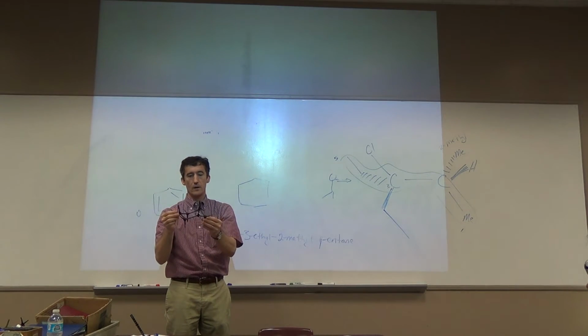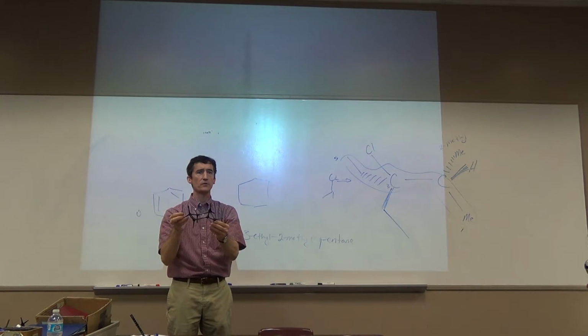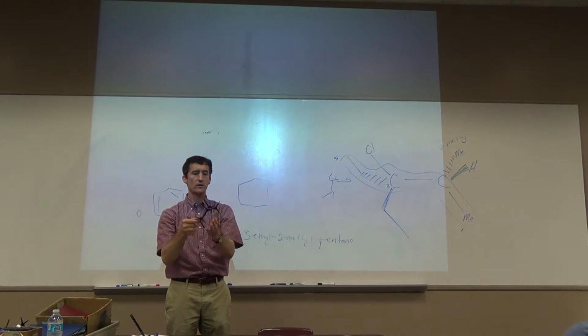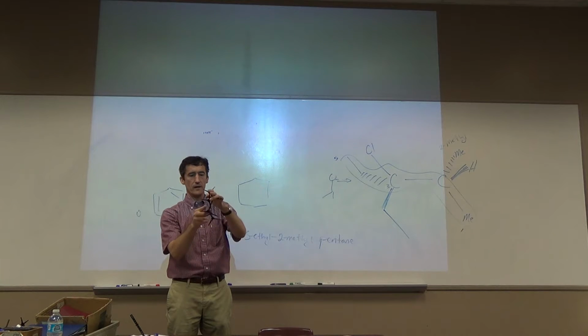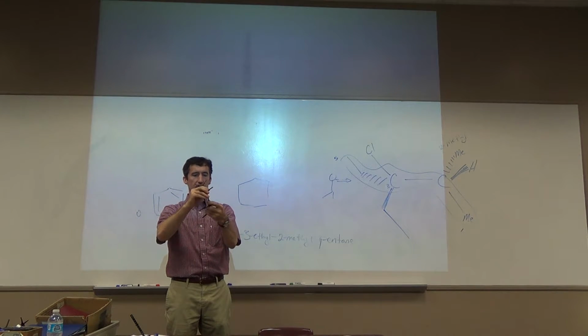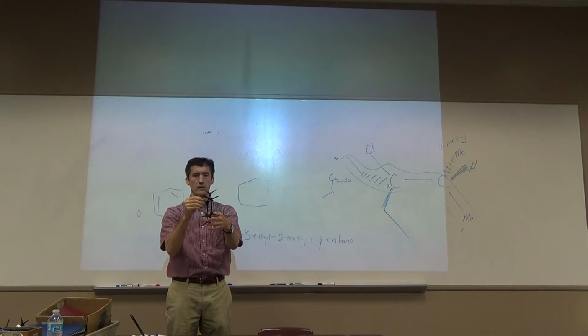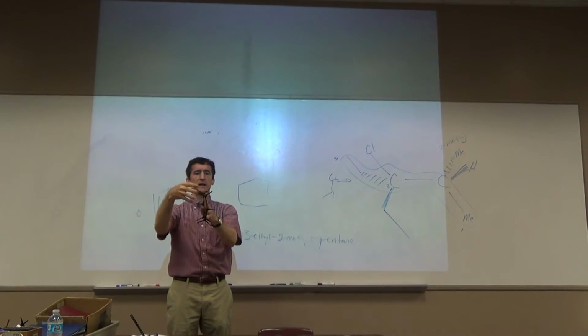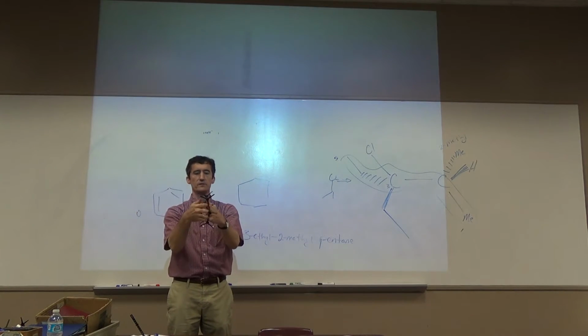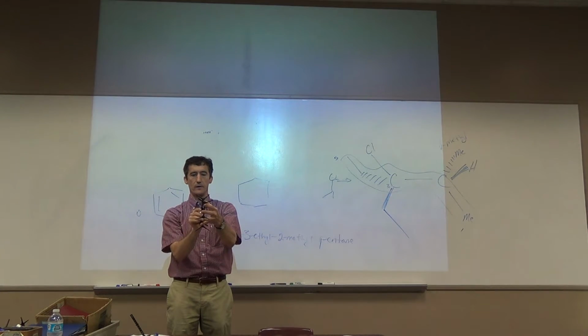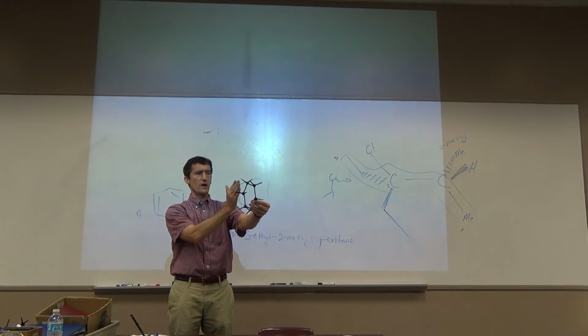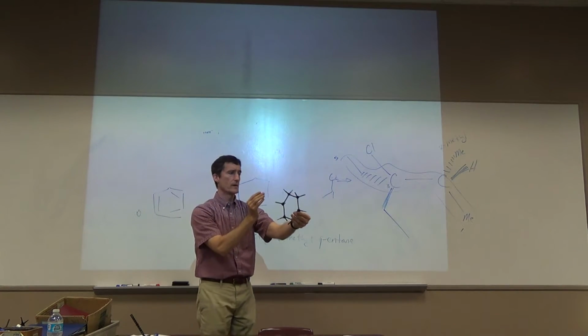So, what's the terminology here? How do you draw these on the board? Now look, if it was flat, I can make my model go flat. First off, it can't all be flat. You're going to have some H's coming to the side. But if we could just make all the carbons in a plane, now the ring is in a plane.